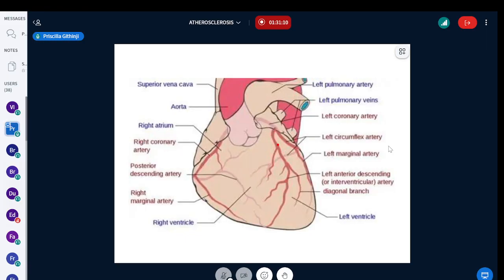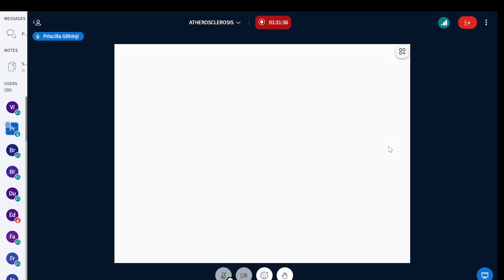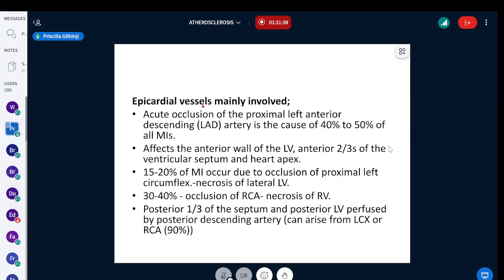For example, if you occlude this artery somewhere like here, I hope you can see my cursor, then you can imagine that the whole entire left ventricle will not have any blood supply. If I occlude it in a small area like here, the part this area perfuses is small. So the effects will depend on the type of vessel that has been occluded.